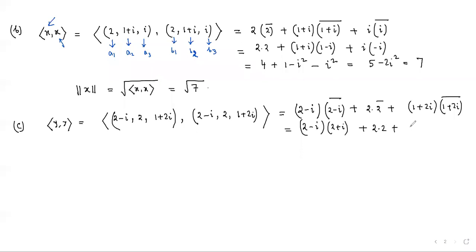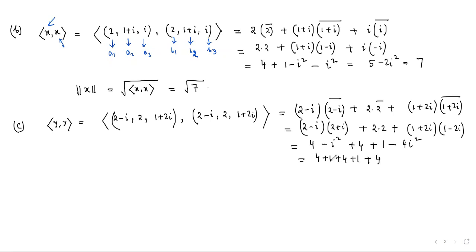2 into 2, 1 plus 2i into 1 minus 2i, and that is 4 minus i square plus 4 plus 1 minus 4i square, where 2i whole square is 4i square, and that would be equal to 4 plus 1 plus 4 plus 1 plus 4.